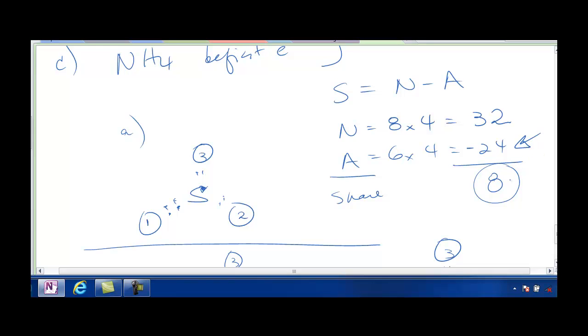So what do I do? I continue to count from 8 all the way to 24, giving everybody 8. Okay, so let's go. 8, done with the sharing. 8, 9, 10, 11, 12. I've accommodated 12, and now this oxygen has 8. 13, 14, 15, 16, 17, 18.